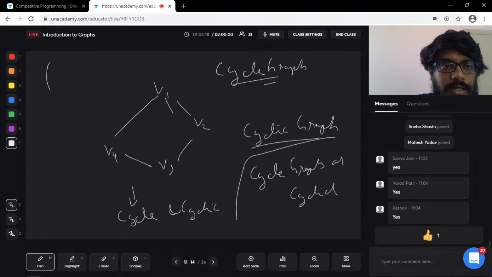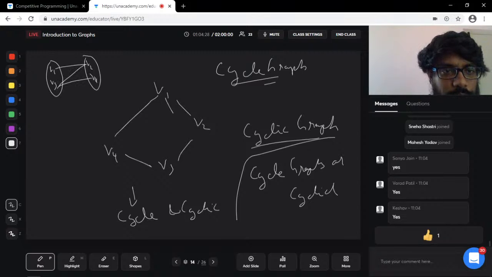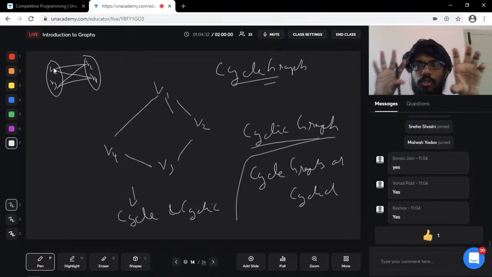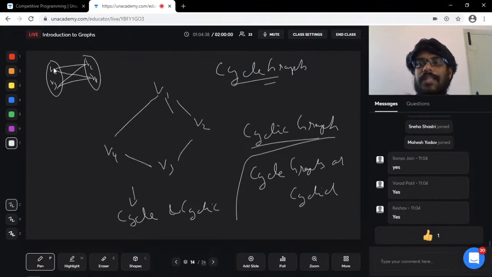I can just take v1, v3 and v2, v4, and say v1 to v2, v2 to v3, v3 to v4, v4 to v1. So I've partitioned my vertex set into two parts, and all the edges go only between them and not amongst them. So this is a bipartite graph.